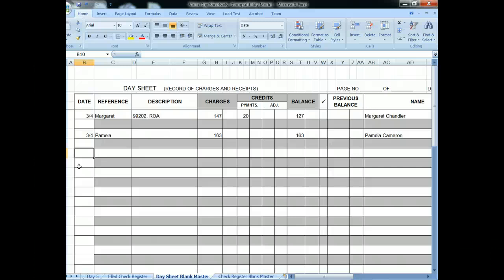So line up Walter's ledger card on the day sheet. If you're skipping lines, just make sure you have it appropriately set, and then you're not going to have a super bill. So all you'll have is the ledger card, which will write onto the day sheet.